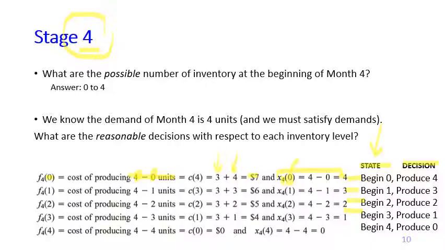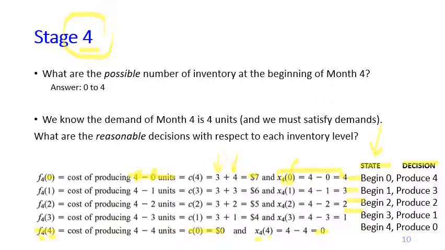Okay, another example: if we have F4(4), it means that at the beginning of month 4, we have 4 units in the inventory. Because the demand is 4, we don't need to produce anything. So the total cost equals 0, and the decision is also 0. So X4(4) means the decision at stage 4.